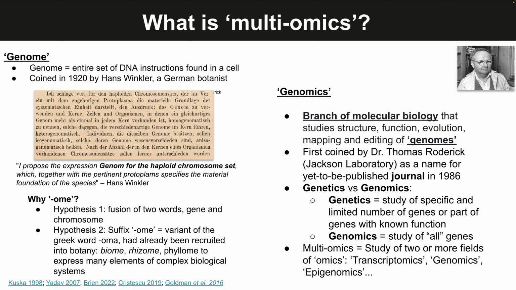Essentially, anything that you're trying to study with genes will become genomics. The one exception that is often counted out is proteomics. And the reason will become clear as you go along the course.